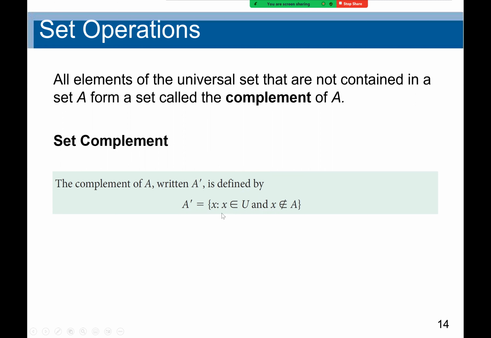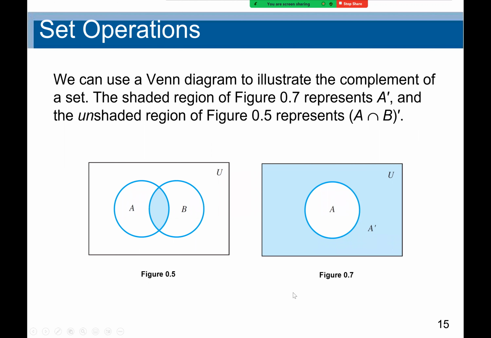So not A will be 4, 5, 6, 7, 8, 9, 10. So the complement means, actually that's what is given here, x not belongs to A. And also this is the Venn diagram. Again, this is our intersection. But the complement is shown here. We can see that if A is a circle, not A will be outside.